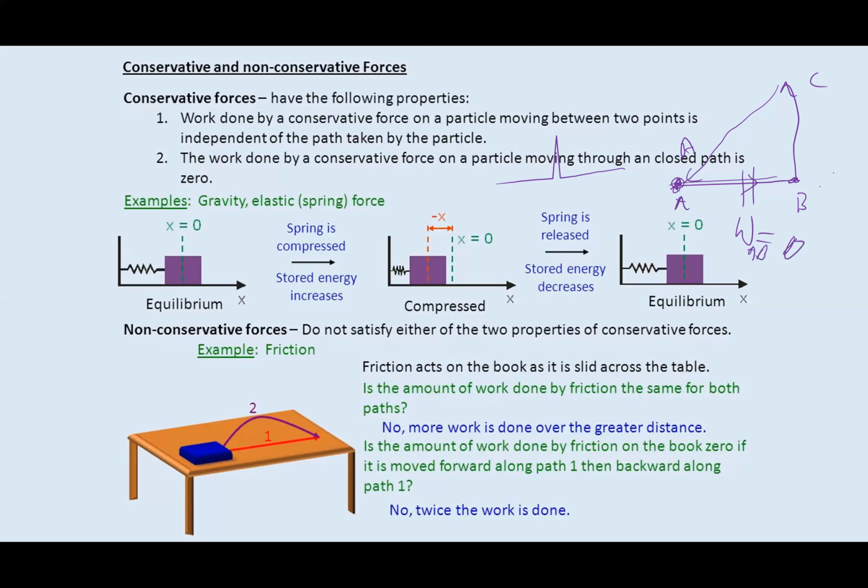Here work done will be mgh, and here the work done will be minus mgh. Through this path it is minus mgh. Here 0 and here plus mgh. So work done is equal to 0 plus mgh minus mgh, which is equal to 0.